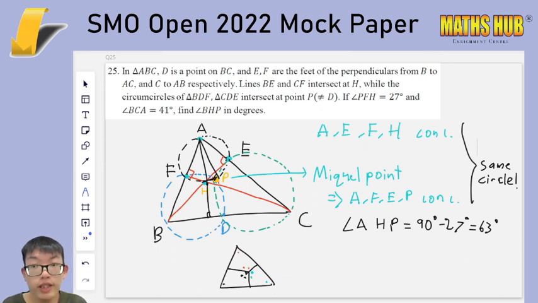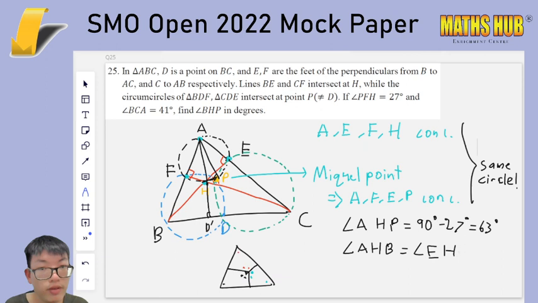And so AHB would just be equal to, let's just call this point D prime, AHB equals to angle EHD prime. And in any orthocenter configuration, you always get a bunch of cyclic quadrilaterals. So here, angle EHD prime is just 180 minus ECD prime, which is 180 minus 41.